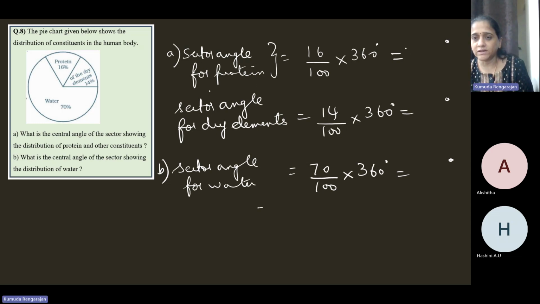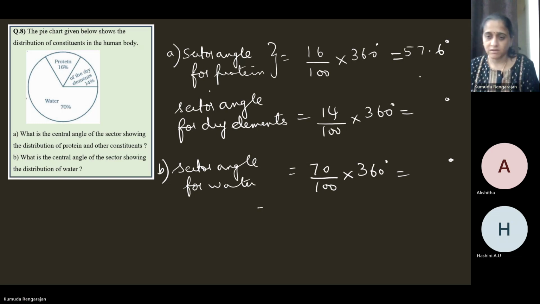Finally, you will get 57.6 degrees for this after simplifying. And 14 into 360, after simplifying, you will get 50.4.